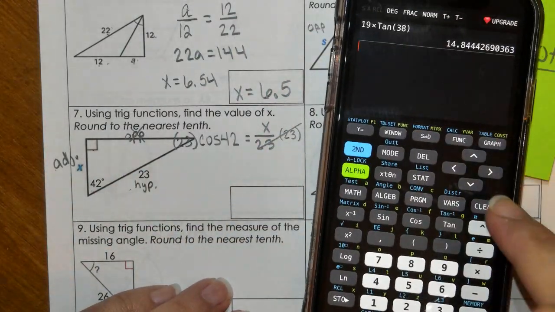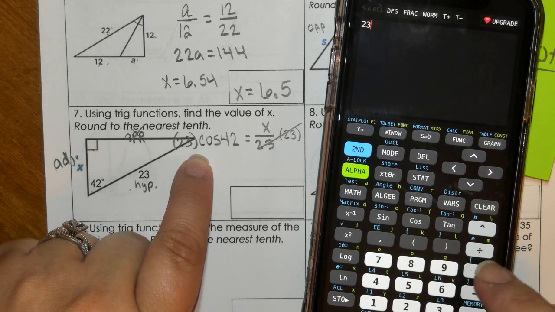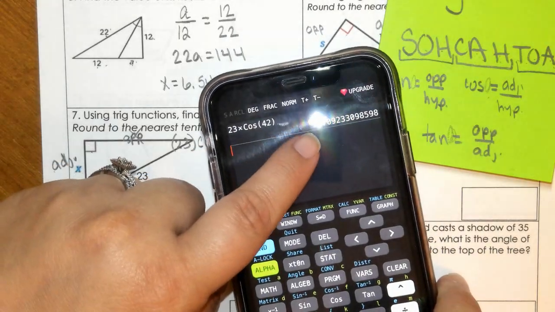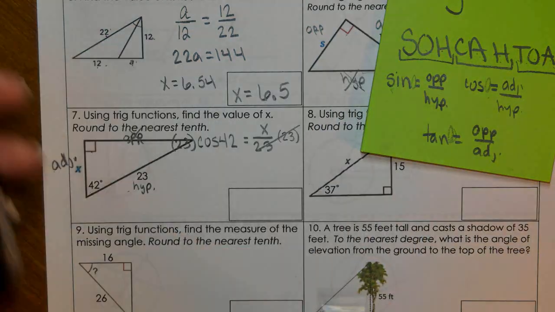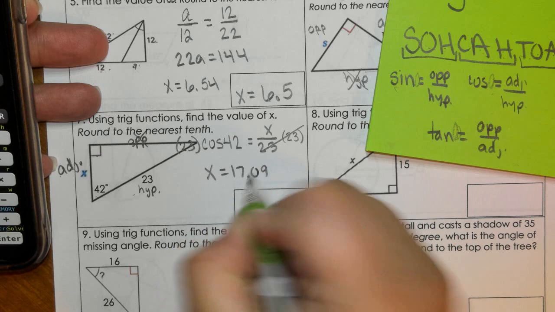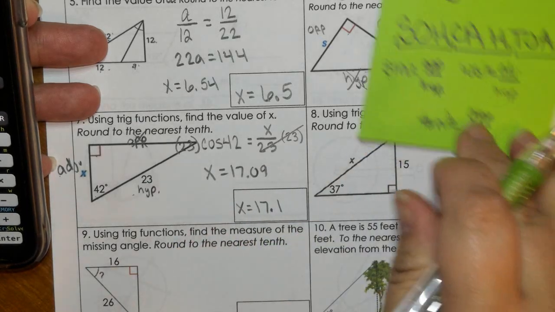Okay, I'm going to hit clear, and I'm going to do 23 times cosine of 42. Enter. We have 17.09. And so this would give us 17.1.